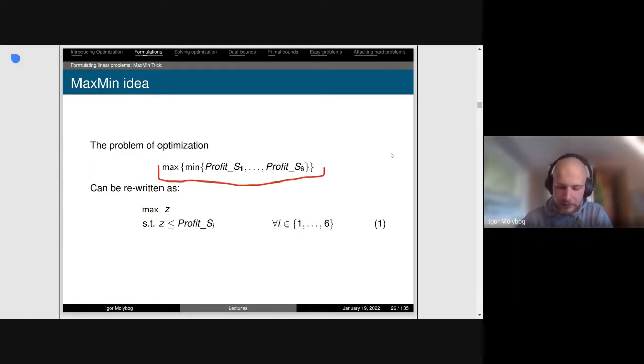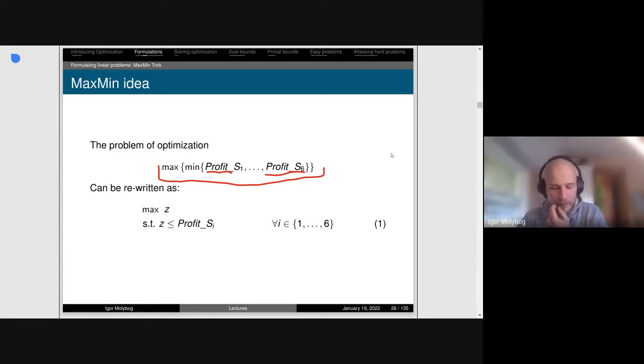We have a set of profits, and we are told that we can get any of the 6 profits, for example, with some probability, and we would like to know what the worst case we're going to get is. If we are really unlucky and we get the very terrible profit that we can get, how much is it?